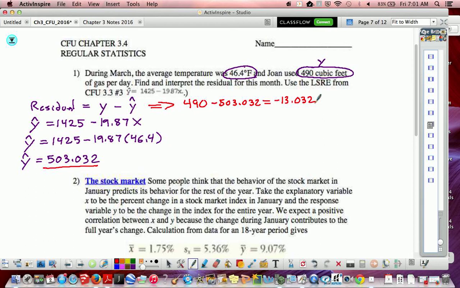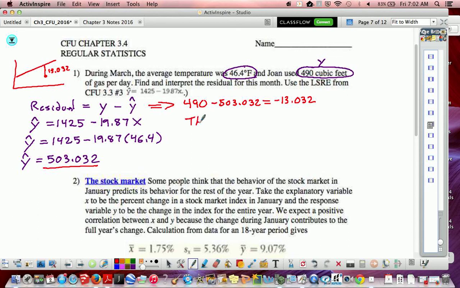If you think about what residuals represent, since I'm negative, my observed value is below my prediction line by 13.032. So my prediction line is predicting that we're going to use more gas, or you could say that we use less gas than what was predicted.